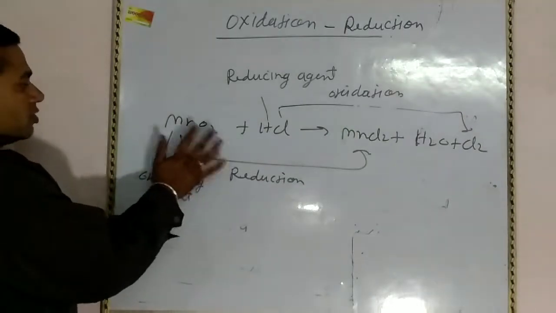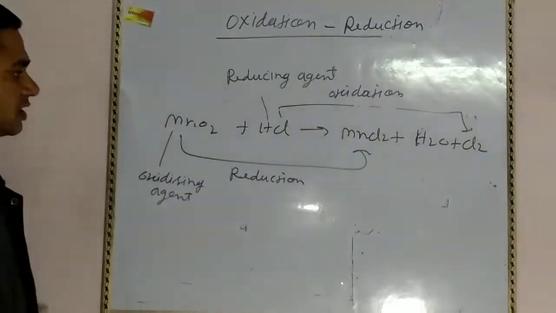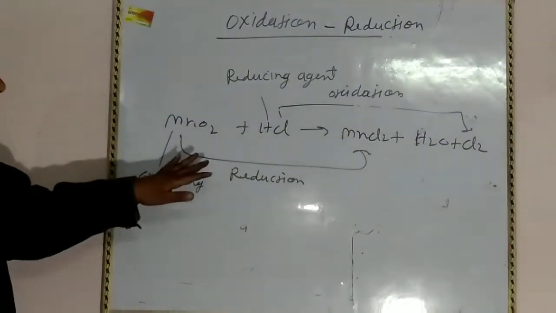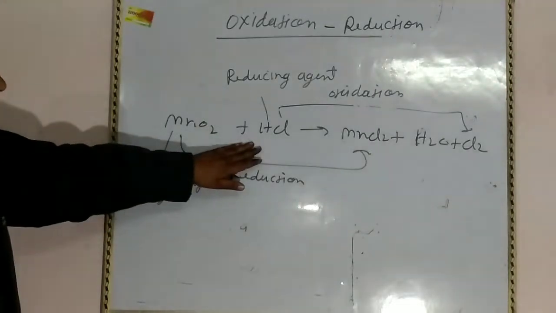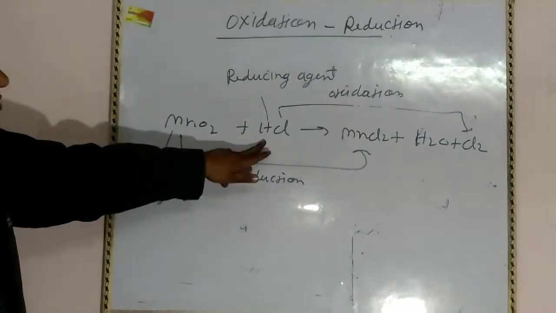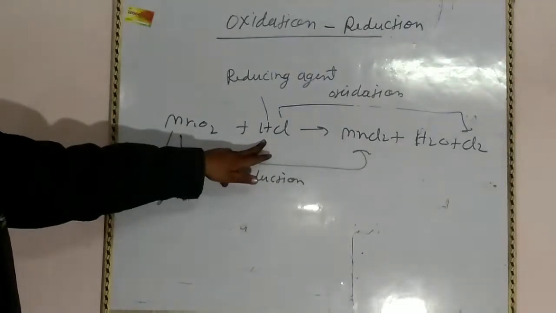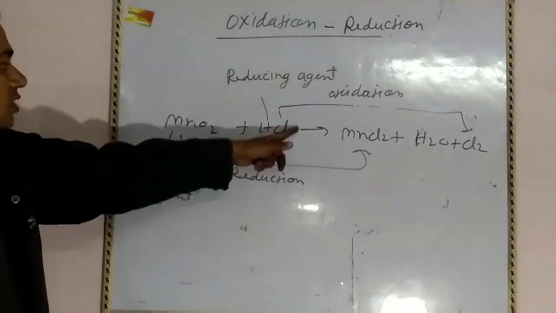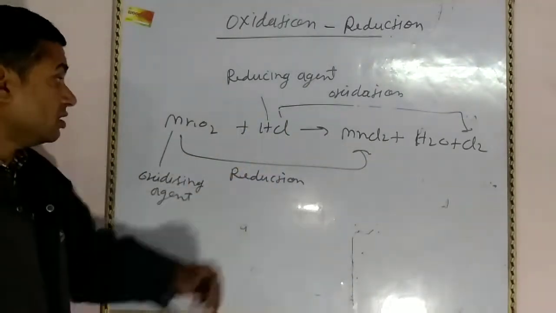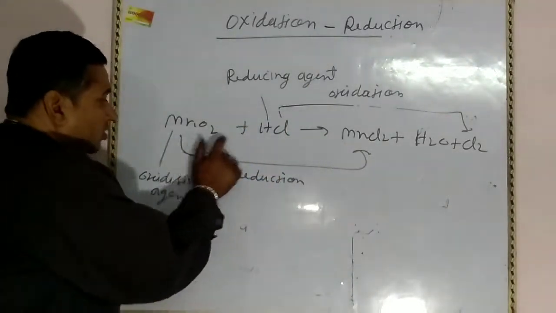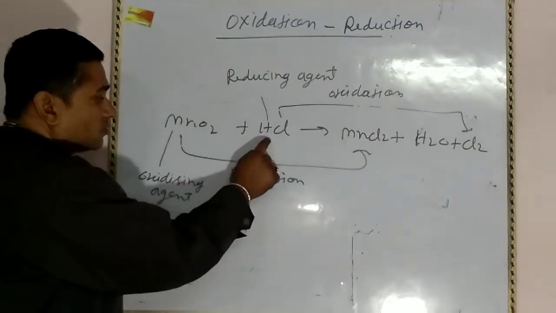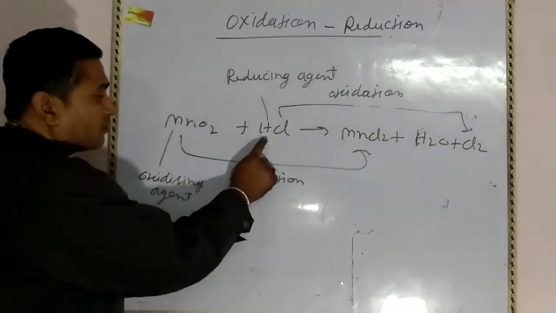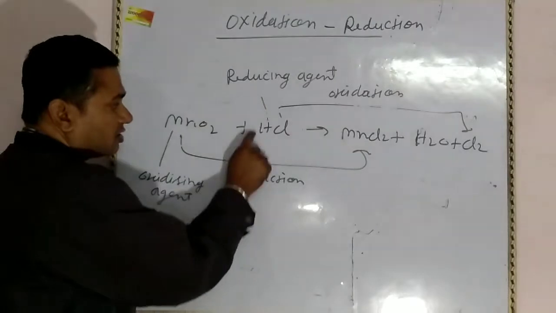Right? So MnO2, what has it done? MnO2 has removed hydrogen from Cl, or you can say from HCl. MnO2 has caused removal of hydrogen from HCl.